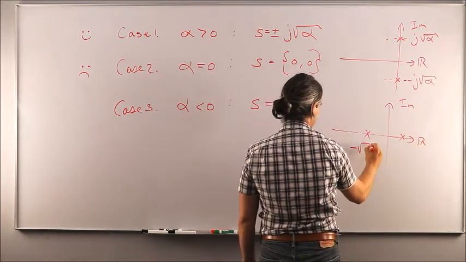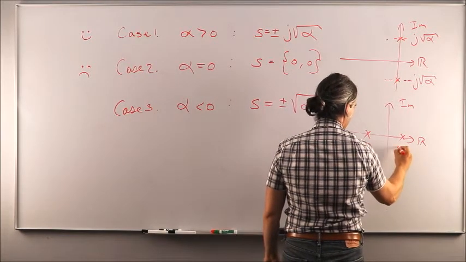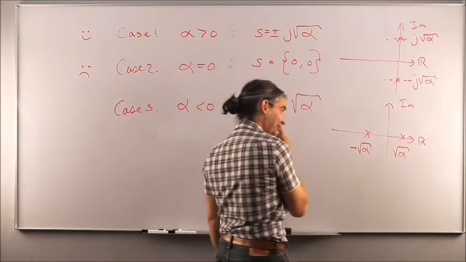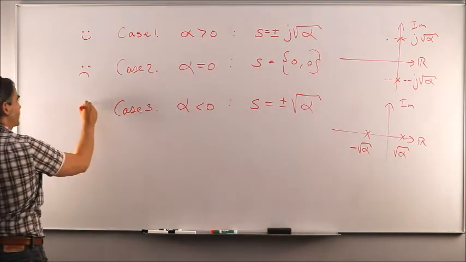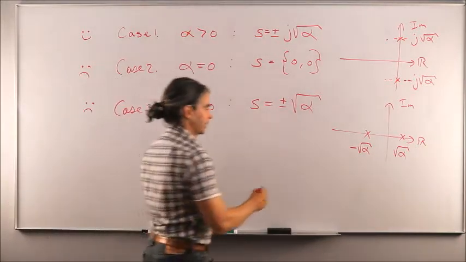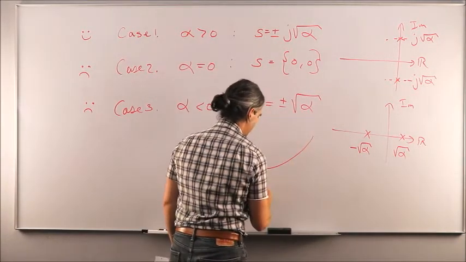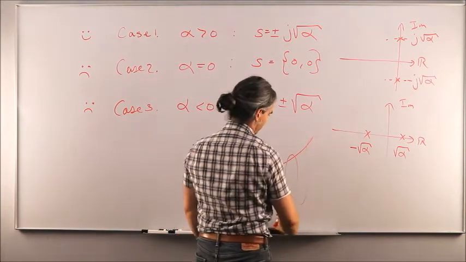That's your negative square root of alpha, and that is a positive square root of alpha right there. And this is the worst of all situations. And that makes you sad as well, right? Because that would be exponentially diverging oscillations. Whoa! Like that.